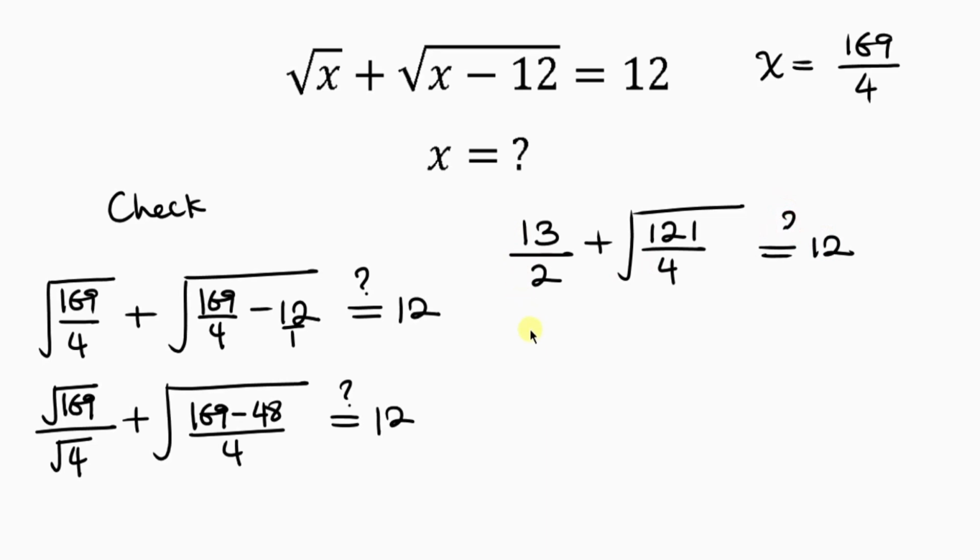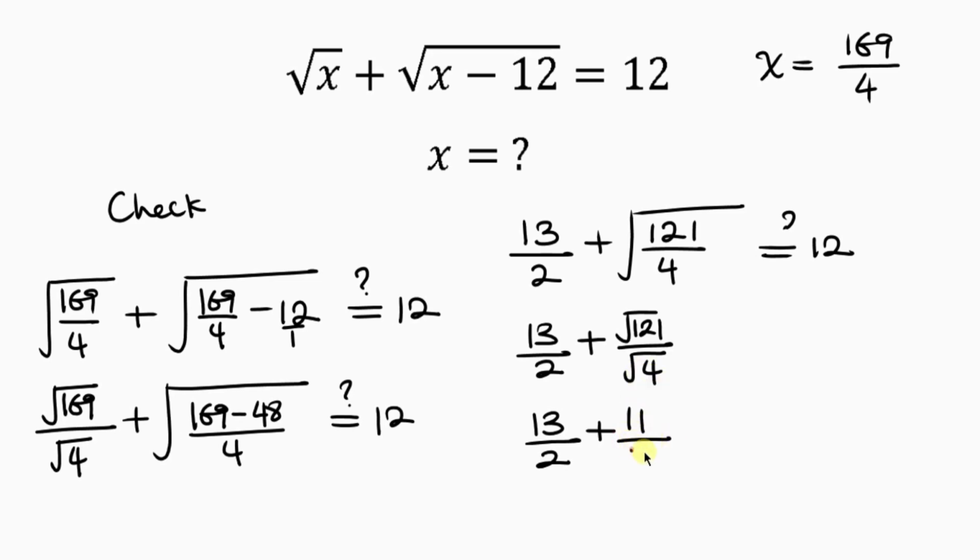Now this becomes 13 over 2 plus, now this can be written as the square root of 121 all over the square root of 4. Simplifying further, this becomes 13 over 2 plus the square root of 121, which is 11, all over the square root of 4, which is 2.